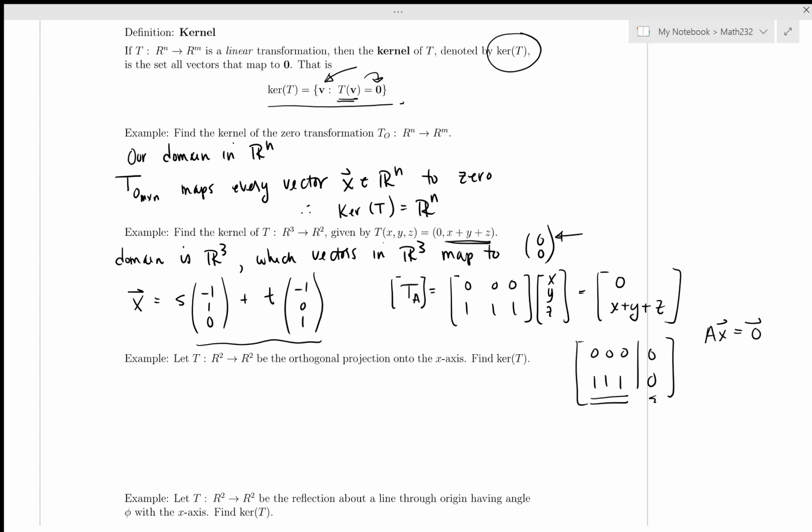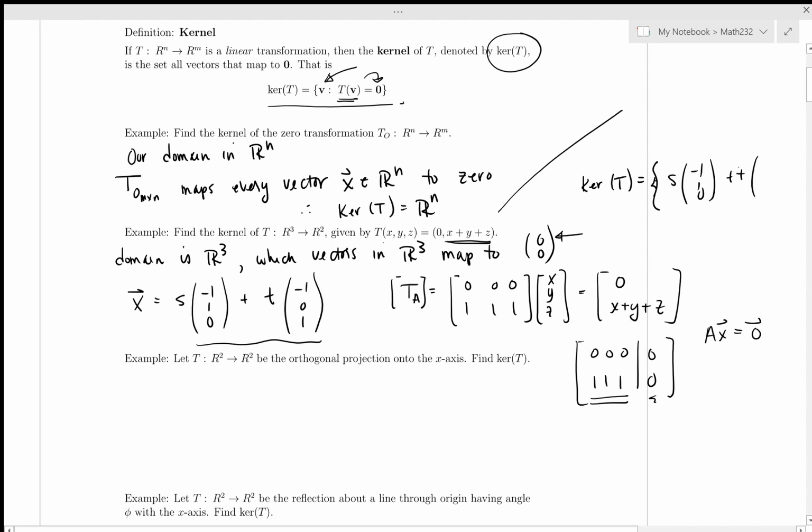Okay, so that means the kernel in this example is this set right here. Kernel of T is exactly this thing that I've written here: the set of vectors s times (minus 1, 1, 0) plus t times (minus 1, 0, 1), where s and t are real numbers.